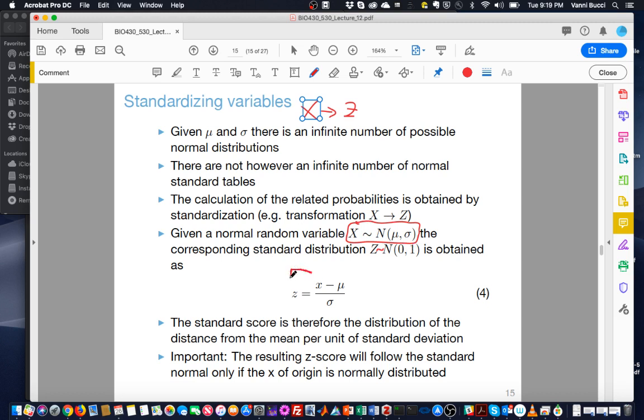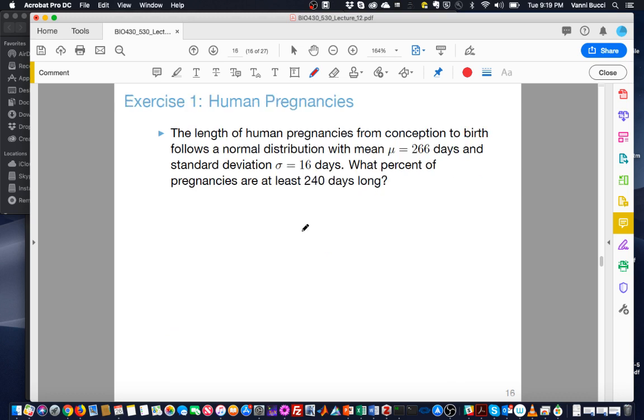We standardize your data, which means subtracting the mean from your observation and dividing by the standard deviation. This is called the standard score, and it represents the distance of your observation from the mean in units of standard deviation.